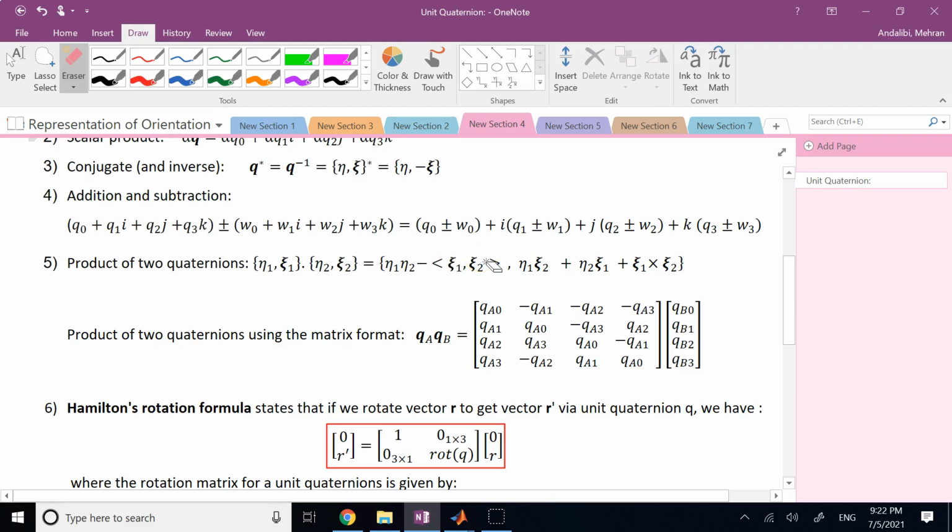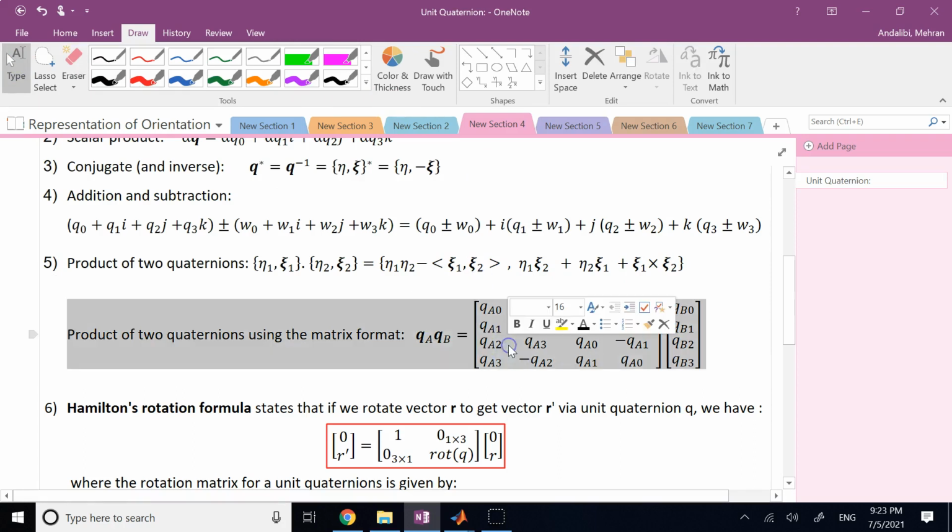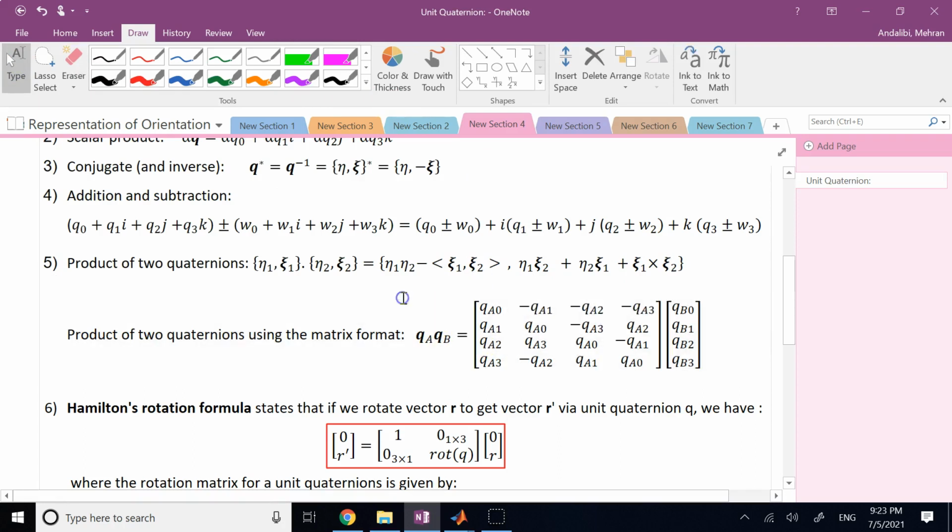Okay, so that's the product of two quaternions, which could be quite complicated, right? If I have four numbers here, four numbers there, even if I follow this formula, it's not the simplest thing in the world. Another way that you can do it, which is quite easier, is using the matrix format.